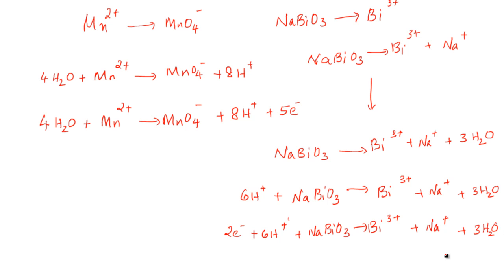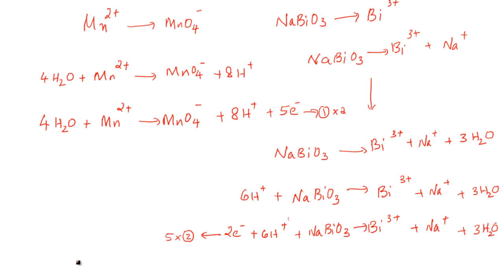5 and 2, what is the best way? Multiply each of them by the other one's electron coefficient. So multiply the first equation by 2 and the second equation by 5. So what do we get when we do that? First equation by 2, let me write all that.